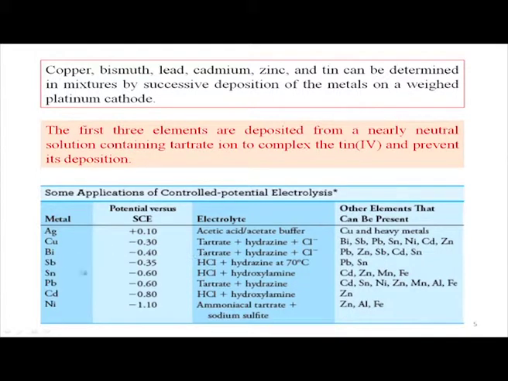Similarly for copper, bismuth, as I told you, that is copper to zinc and tin basically. In all these cases, such as that of tin, you have different potential values.